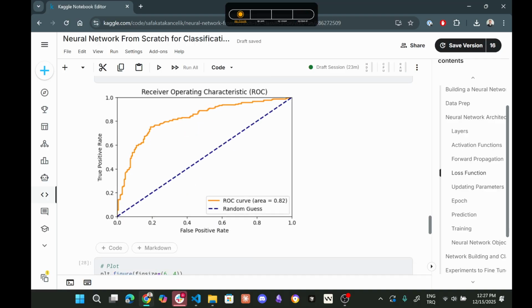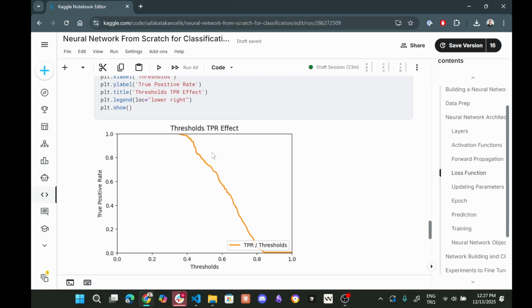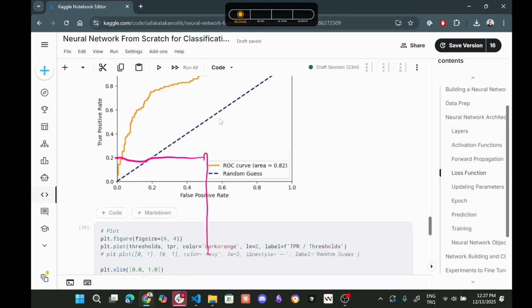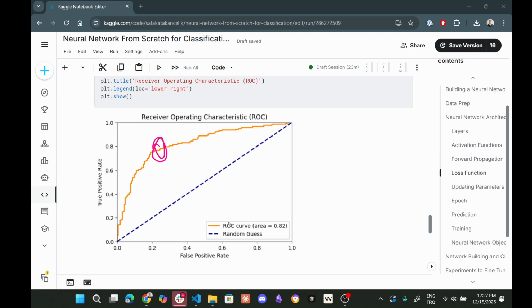And what I did is that I also looked at the true positive rates across different thresholds. So actually this 0.5 turns out to be in the same range of this area that I chose as a good area for my potential case. Of course, this depends on business cases.